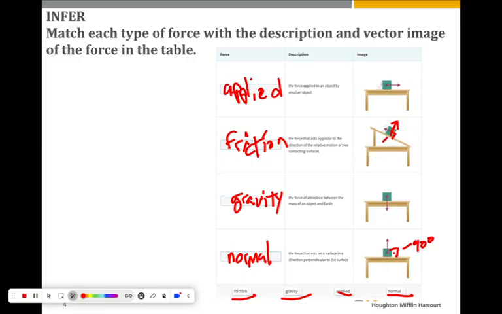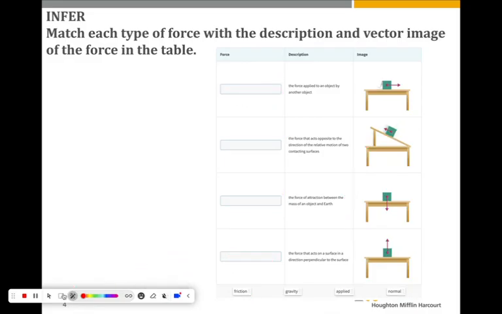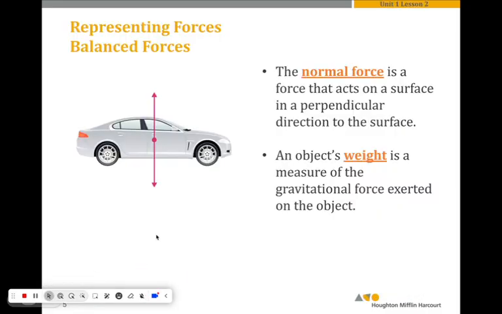That would be the normal. The normal force is the force acting on a surface in a perpendicular direction. So this one's called the normal. The road is acting on the car.